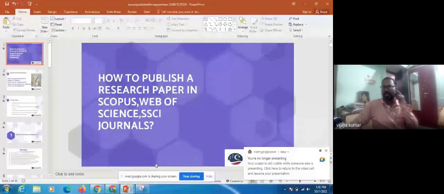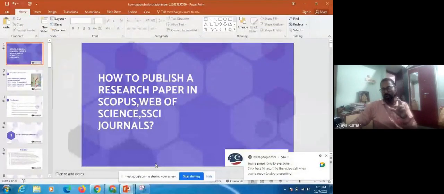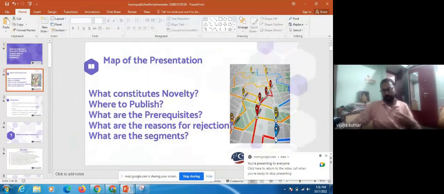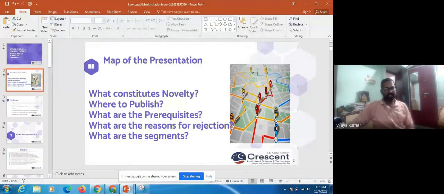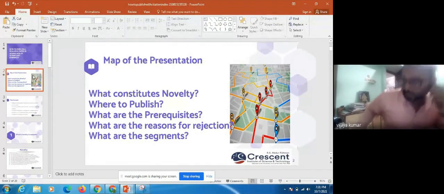Okay, so let me focus on how to publish your research papers in high impact factor journals, especially the Scopus, the Web of Science, or the SSCI journals. So this is a map of my talk. I'm initially going to focus on research novelty, what constitutes novelty in research.